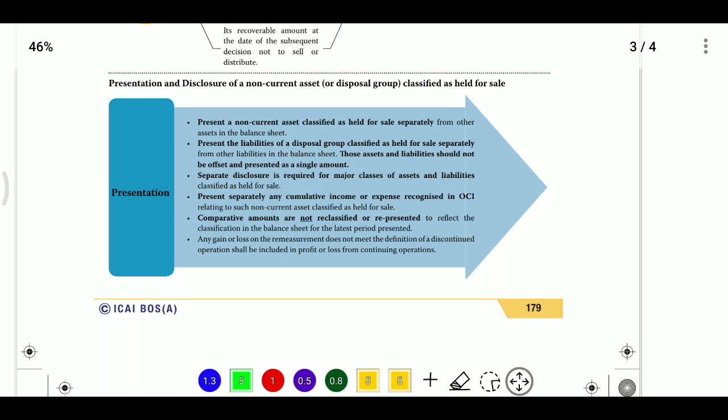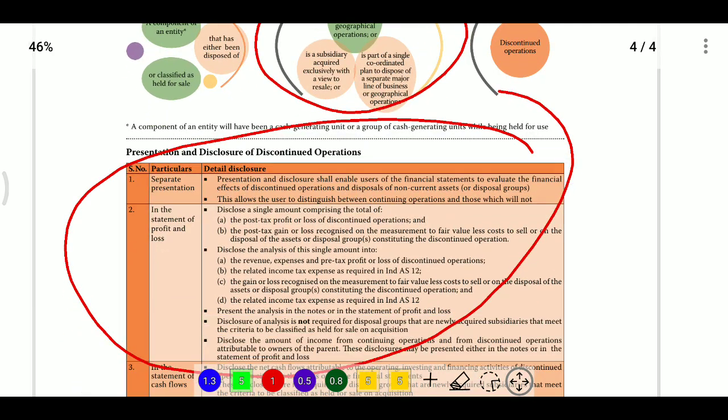For a disposal group, we present assets of the disposal group separately from other assets and liabilities separately from other liabilities, and offsetting of assets and liabilities is not allowed. The same applies to discontinued operations.